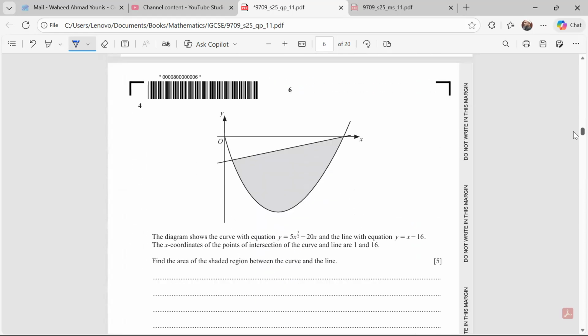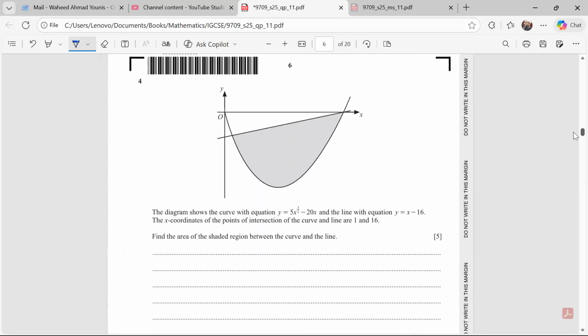Okay, question number 4. Okay, we have to find the area of this shaded region. The equation of this straight line is y equals x minus 16, and this curve is given by y equals 5x power 3 by 2 minus 20x.